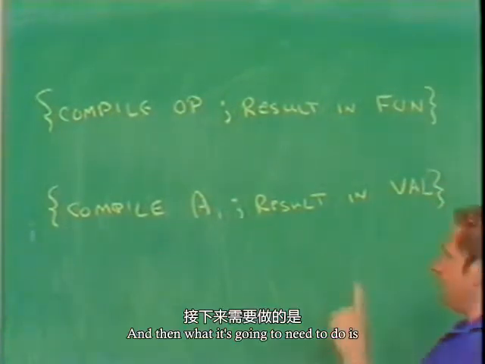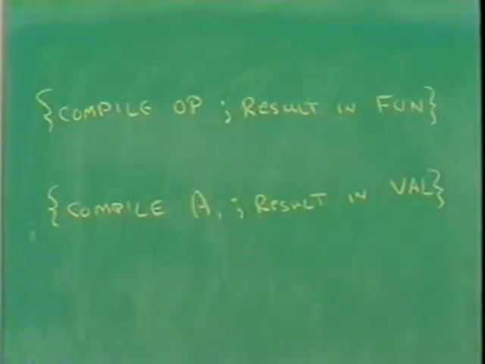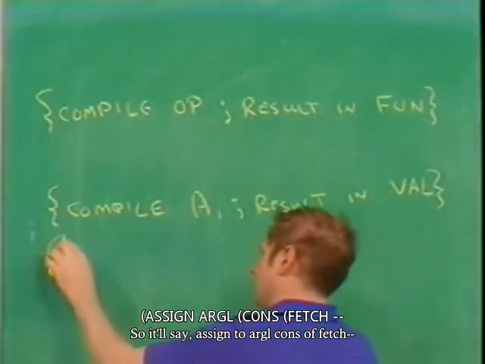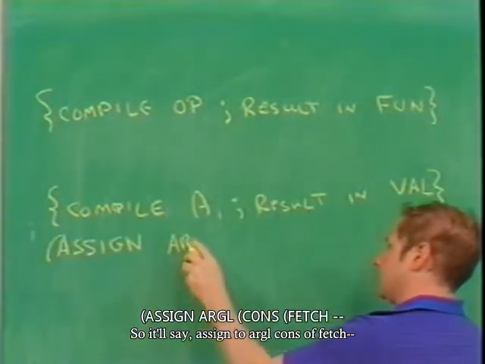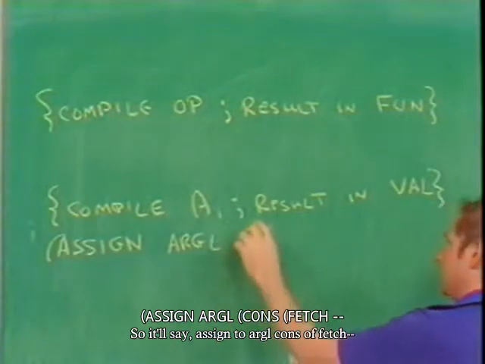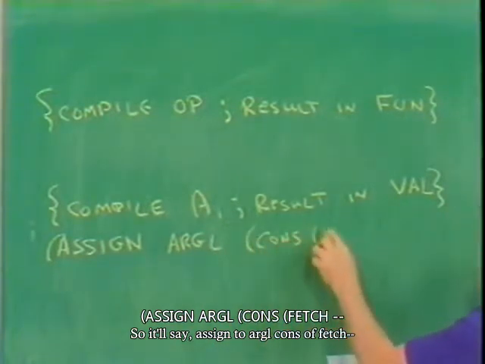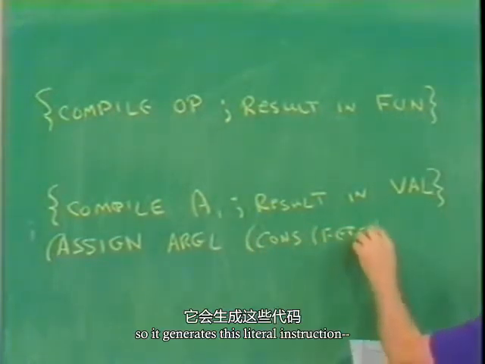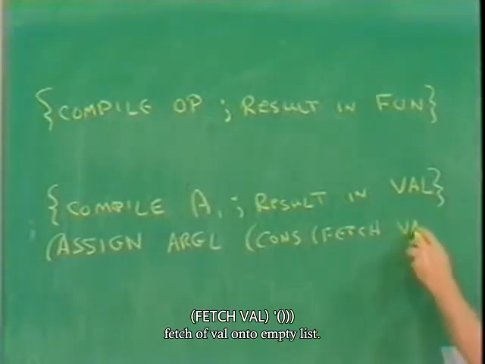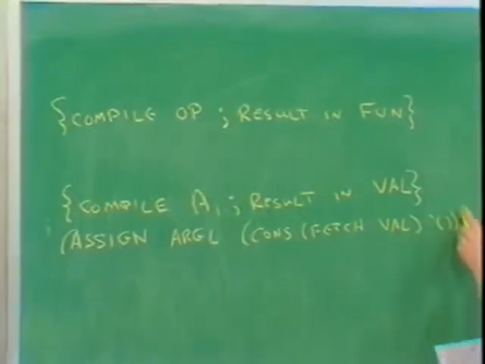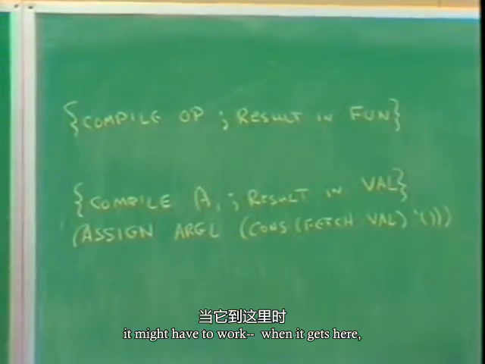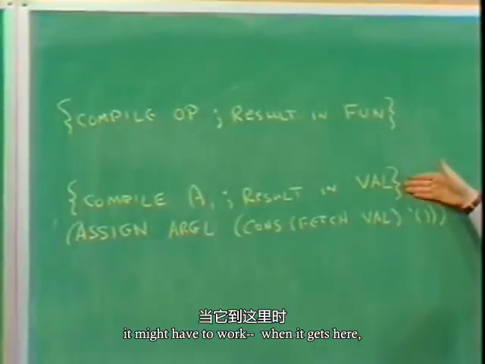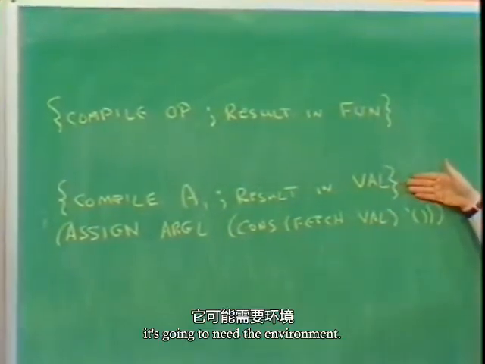And then what it's going to need to do is start setting up the argument list. So it'll say assign to argl const fetch, so it generates this literal instruction, fetch a val onto empty list. Okay. However, when it gets here, it's going to need the environment.